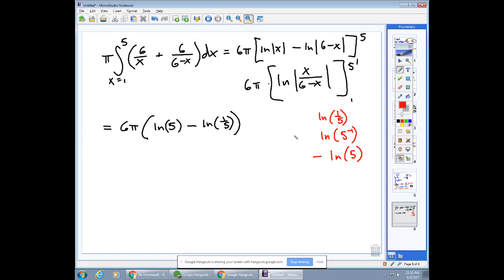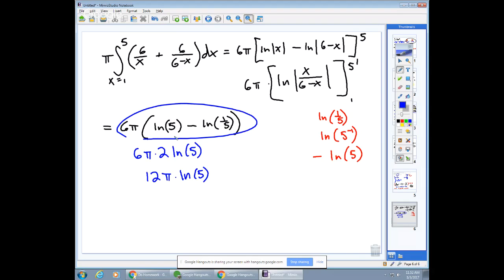So I can actually say what I have here is 2 natural logs of 5. And maybe I'm curious if the online homework will take that. And I still have the 6 pi times that. So in the end, it looks like the simplest I can write this is 12 pi times the natural log of 5. I'm going to try and type that into the computer and see what it thinks.